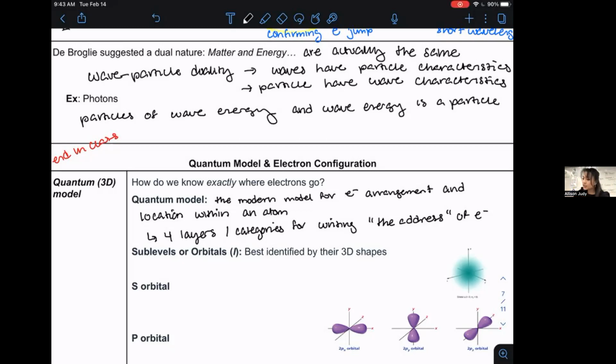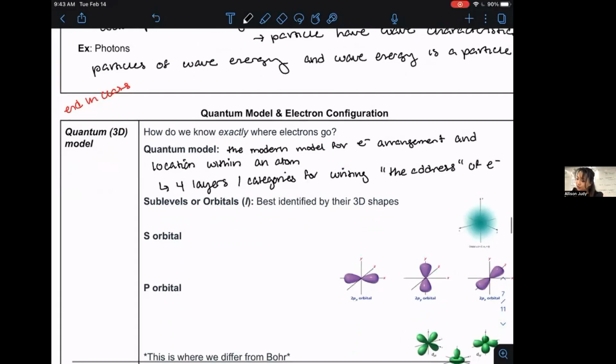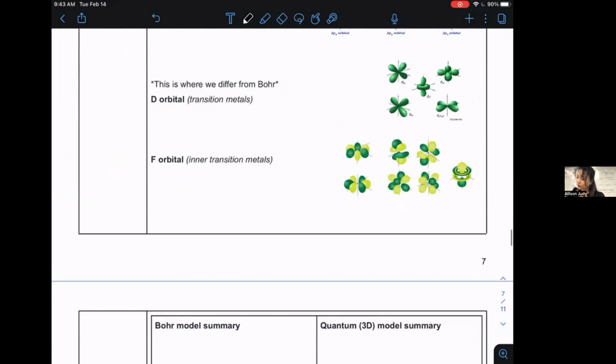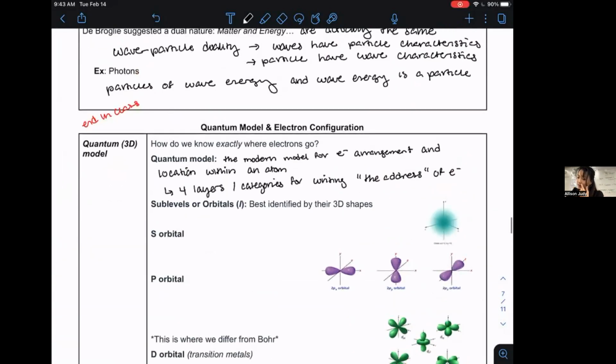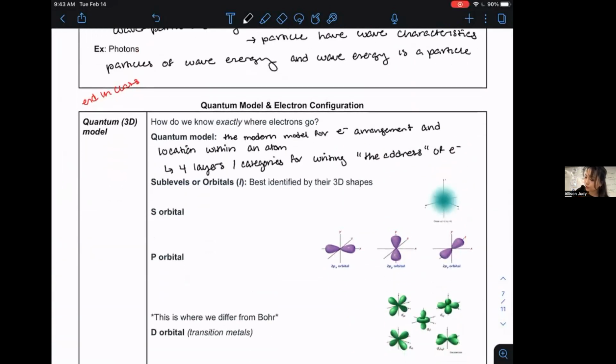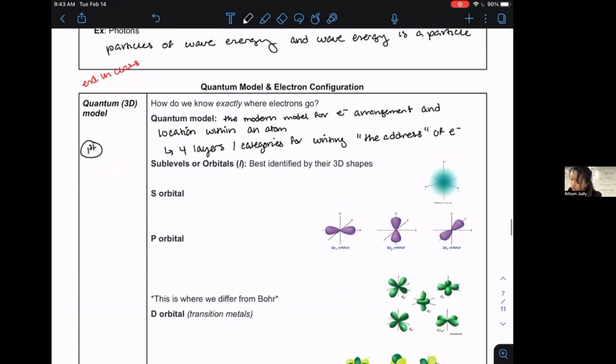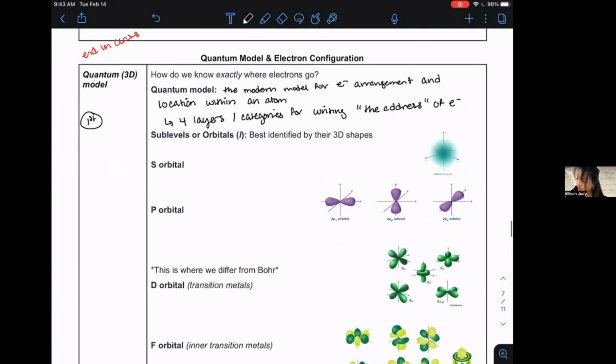Okay. And so the first thing that you've already learned is, you've actually already learned about the first level in the quantum model. So there's the first layer, I should say, first layer. And I don't know why I deleted so many notes, but whatever, doesn't matter.